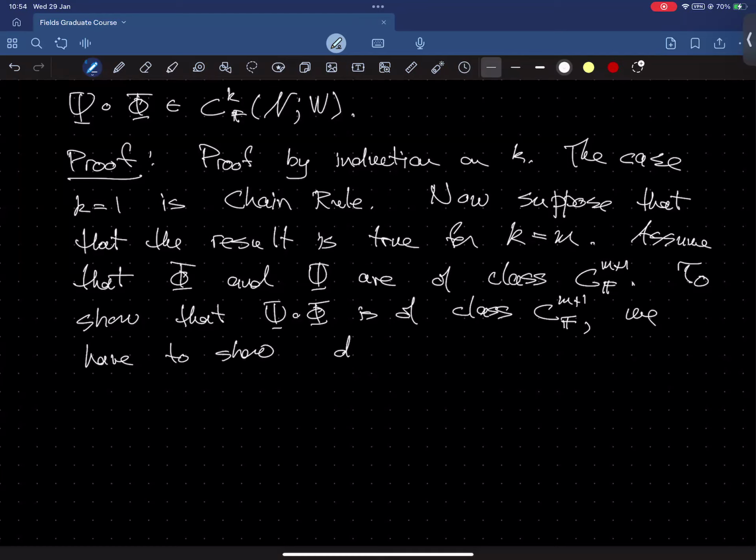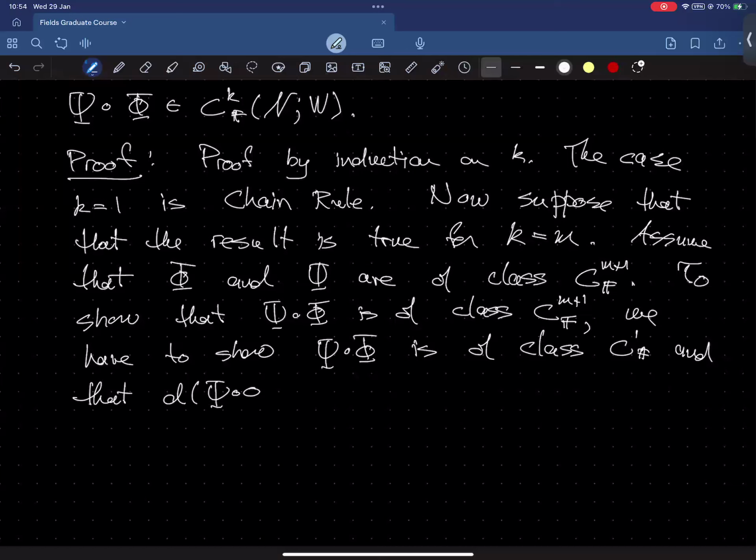And that the derivative of the composition is of class Cm, right?